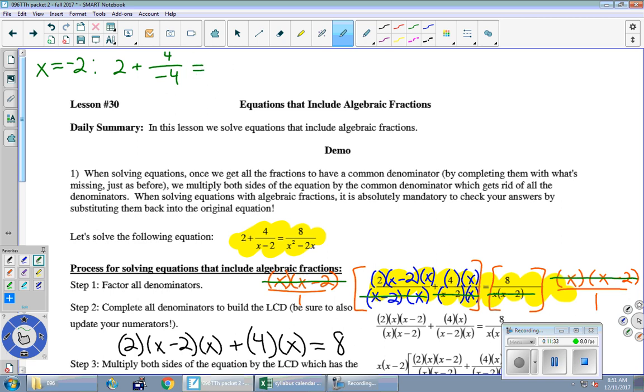And what I'm saying here is that we actually do have to check and see if it works. On the right-hand side, 8 over, this one's a little more complicated. I'll just write it's -2 squared minus 2 times -2. That is replacing both of those x's with a -2. Okay, let's keep checking here. 2 plus, how much is 4 over -4?